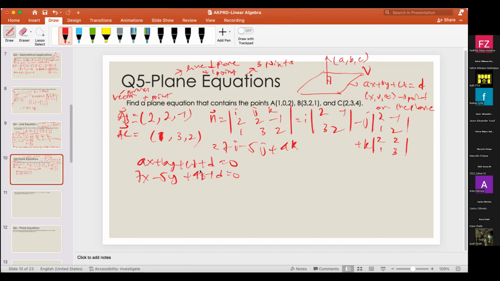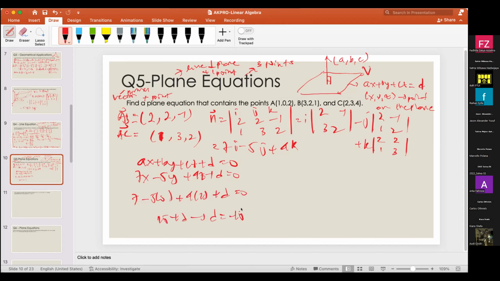And in order to find the value of d, we can input any one of these three points, with the condition that any of these 3 points lie on the plane. Okay, so 7 times 2 minus 5 times 0 plus 4 times 2 plus d equals to 0, and this will result in 7 plus 8, 15 plus d.